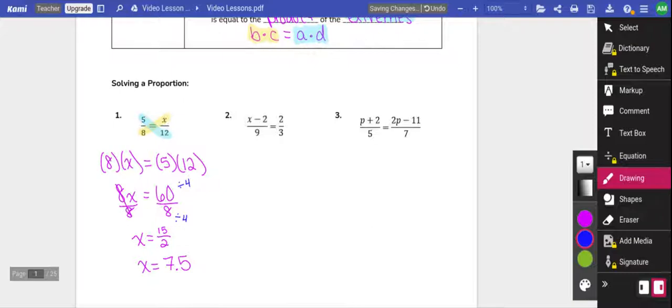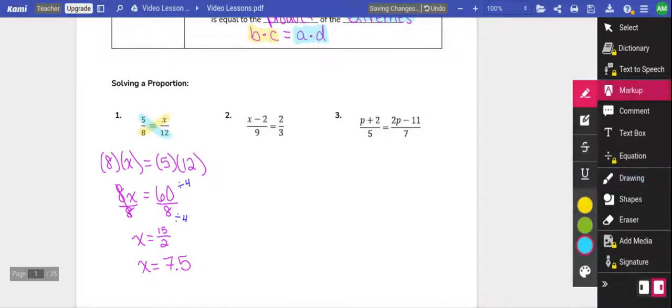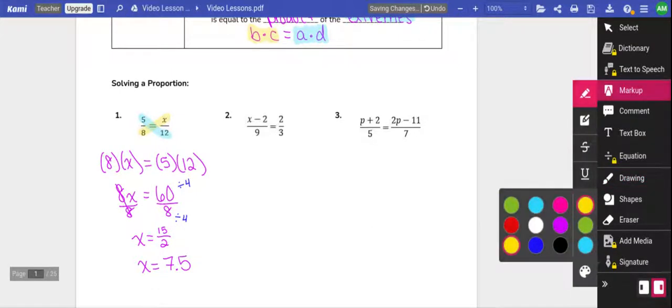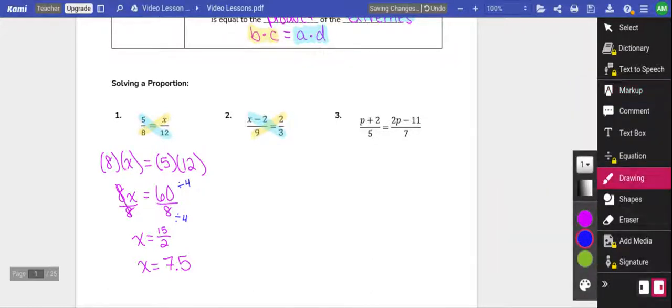Let's try number 2 now. This time we have an expression in our proportion. So again, the product of our means is going to be equal to the product of our extremes. So I'm going to write it out. 9 times 2 should be equal to 3 times x minus 2.